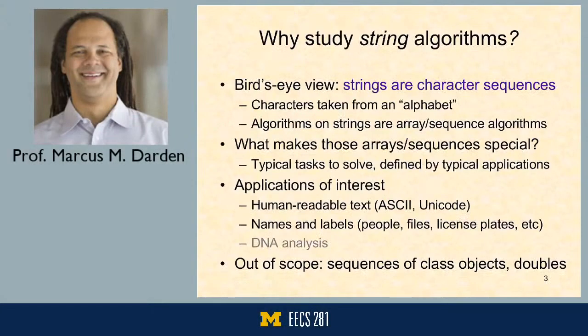All right, so talking about string algorithms and why should we even bother studying them? From the bird's eye view, we see that strings are just character sequences. I was always taught that a string is just how you string together characters. So when we learned C in the early days, there wasn't a string type. And if you look in C++, there isn't a string type in C++ either. Our built-in types are just integral types and floating point types, right?